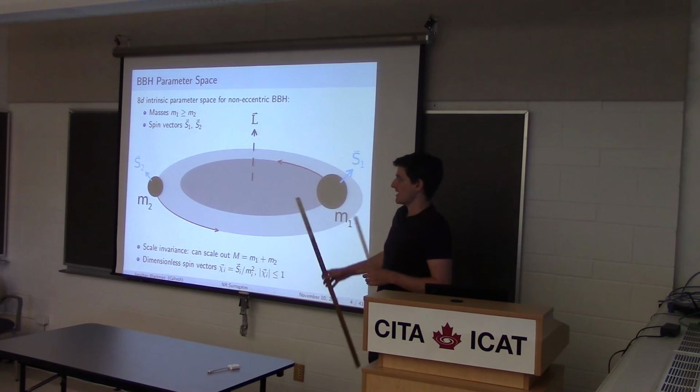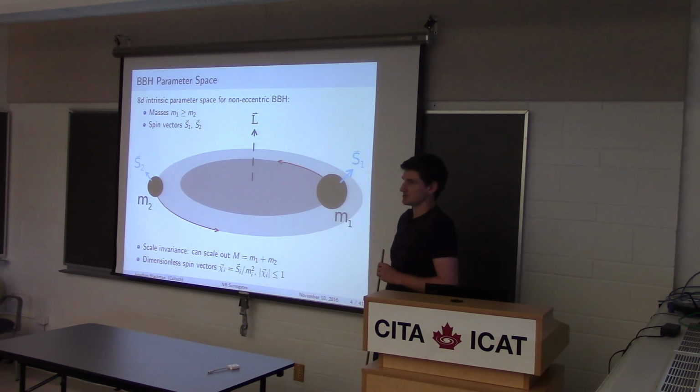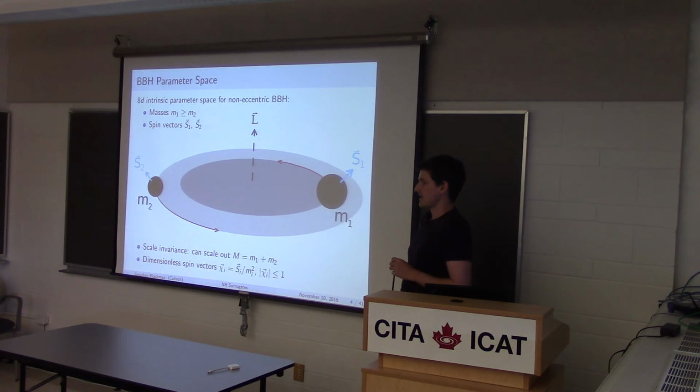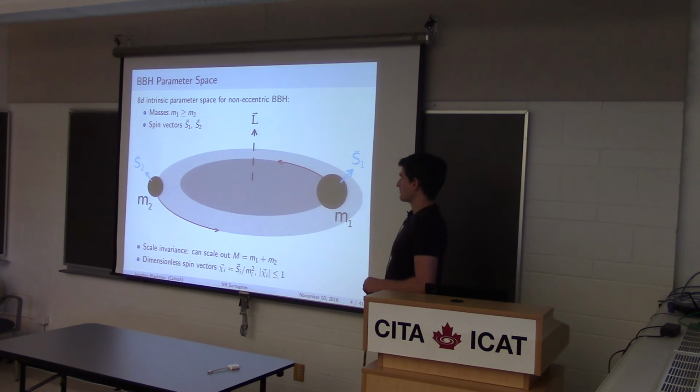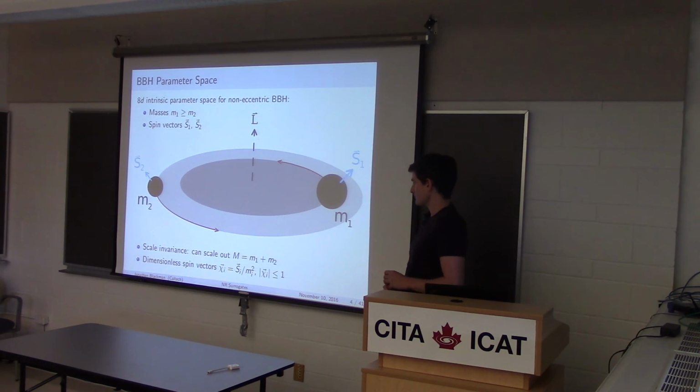So the parameter space of these binary black hole systems is 8-dimensional in terms of its intrinsic parameter space, which is the two black hole masses and the two 3-dimensional spin vectors. There are two additional dimensions if you include eccentricity, but I'm going to neglect eccentricity because for almost all astrophysical binary black hole systems, by the time they enter the LIGO band and their gravitational waves can be detected by LIGO, they'll have radiated away all their eccentricity.